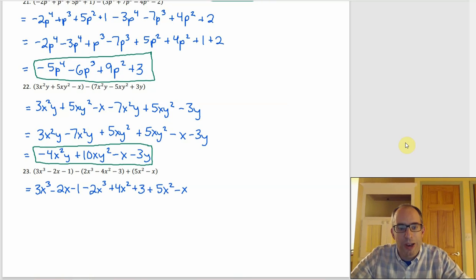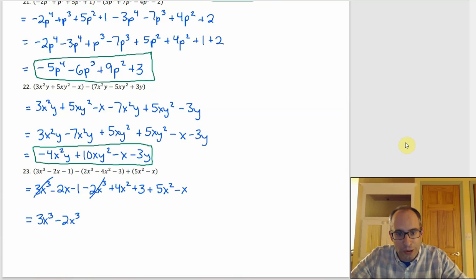And if you look at what's here, we got cubes, we got squares, we've got x's, and we've got constants. All right, what I'm going to do, I guess, first of all, just to rearrange everything, cubes first. So we got 3x cubed. And here's where I'm going to cancel terms out after I rewrite them, just to make sure that I get everything and that I don't duplicate. So I got that one, and then minus 2x cubed. All right, I got that one.